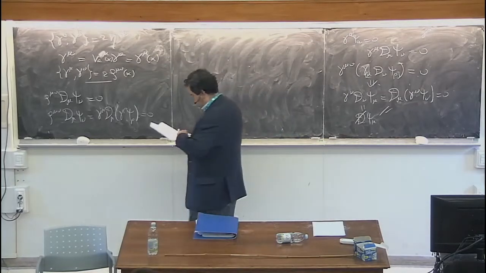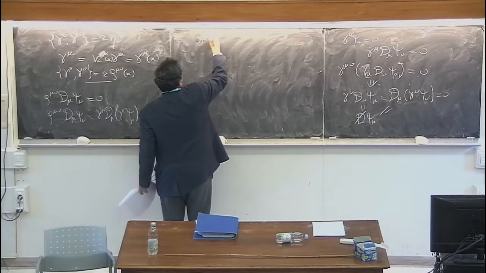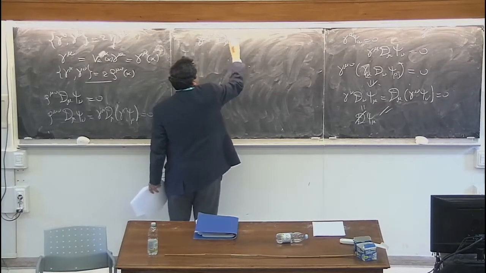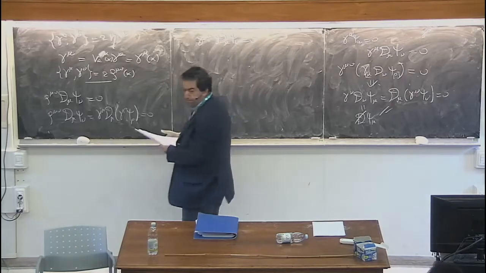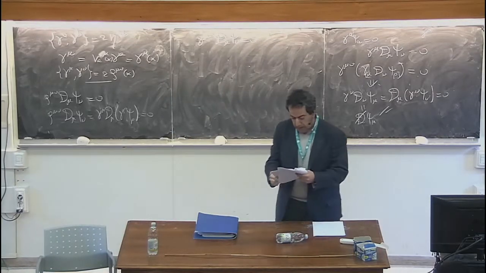Finally, also gamma mu nu D mu psi nu is 0. Also, this is 0. You can easily verify.